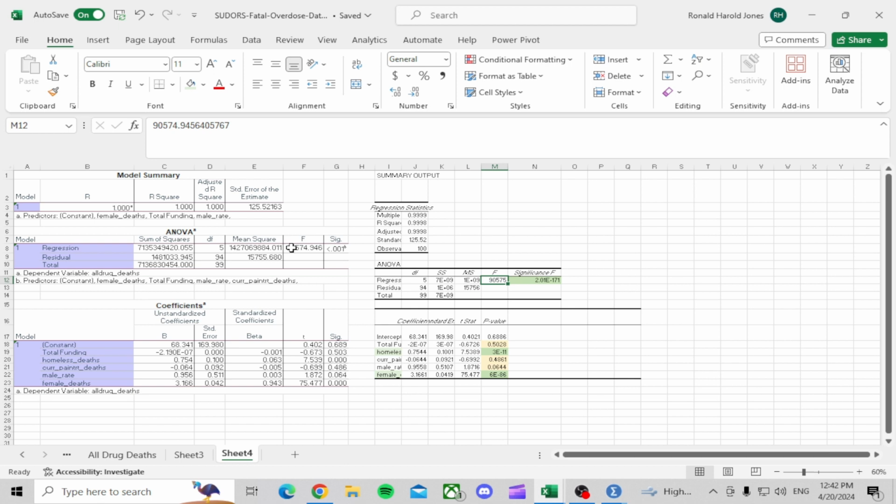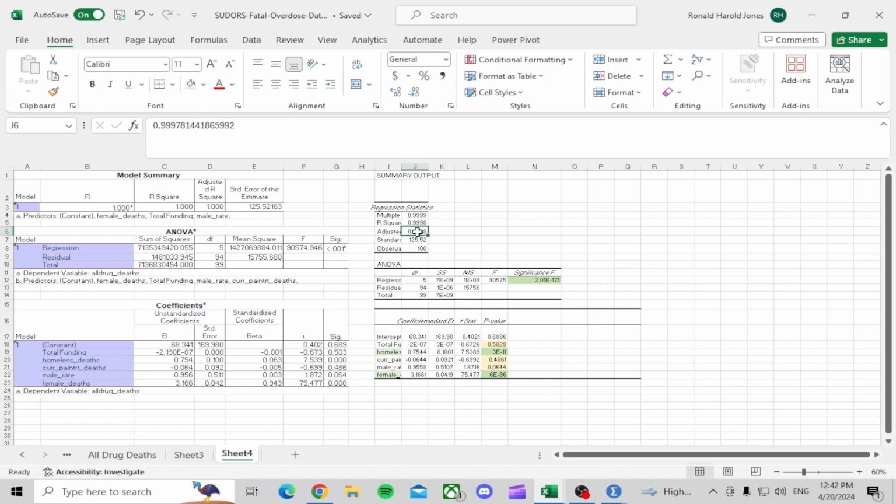Our F statistic, all this stuff, sum of squares, degrees of freedom, your R squared is about 1 away from 100, I think is what that means.